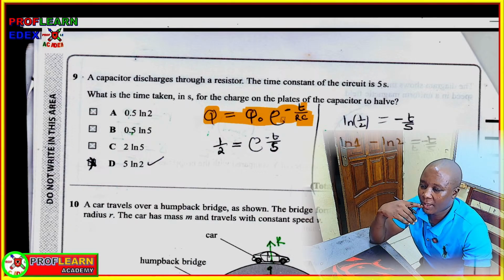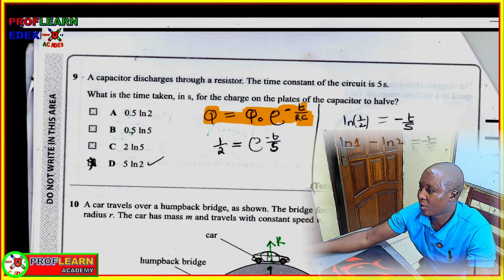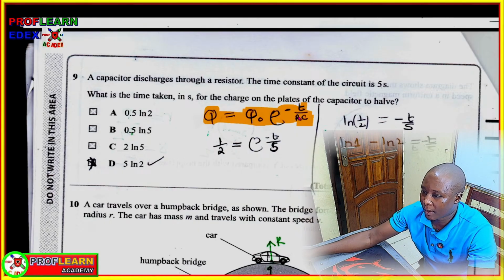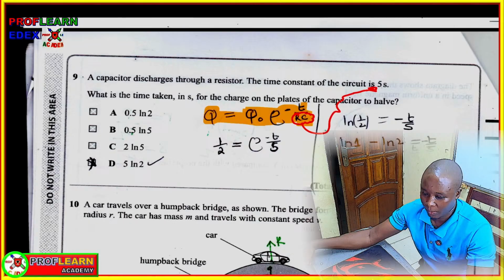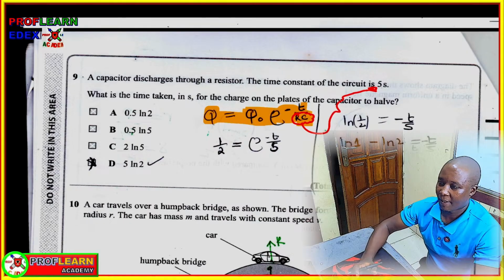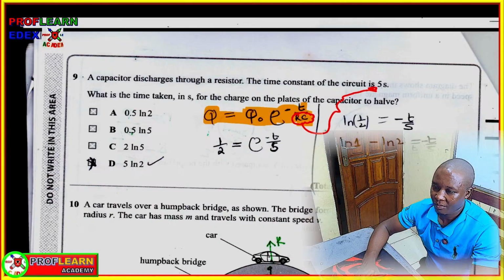This part that we have here is basically representing the time constant, and in our case here, the time constant is 5. So you are going to substitute RC with the time constant. In that case, we are also going to divide the charge that is remaining by the original charge.